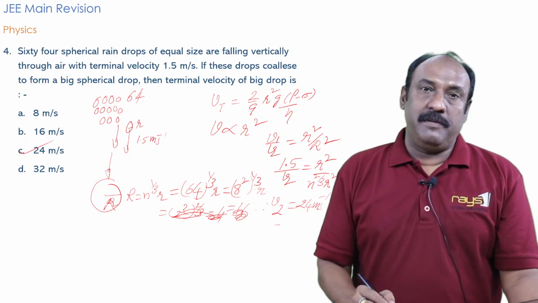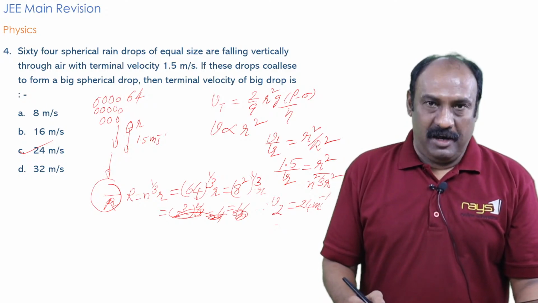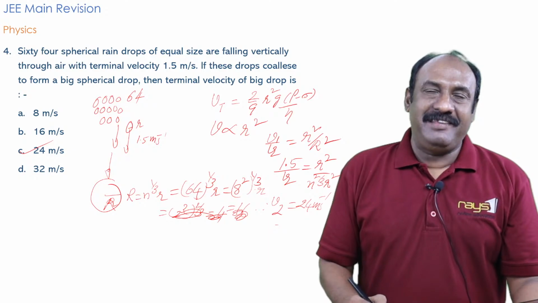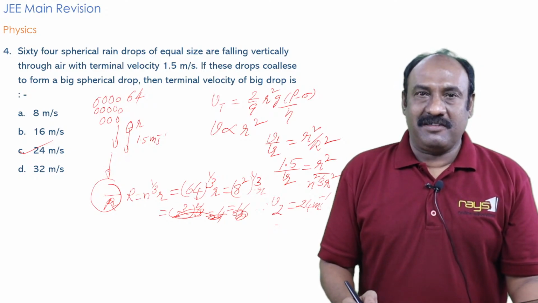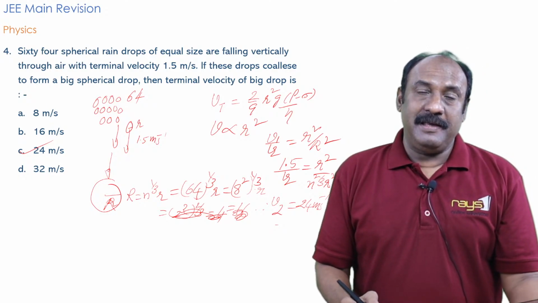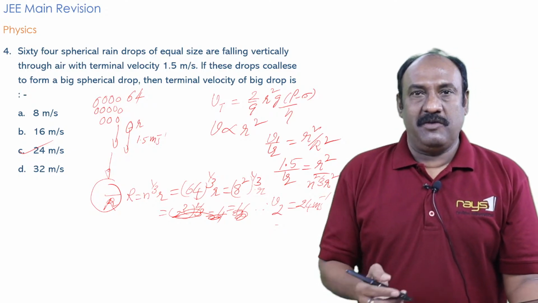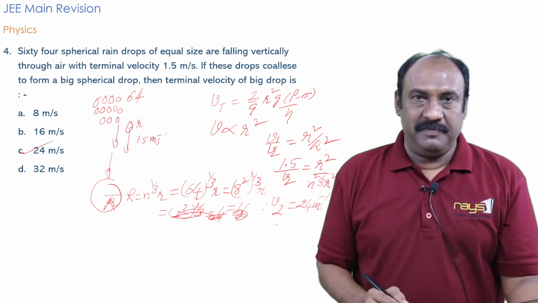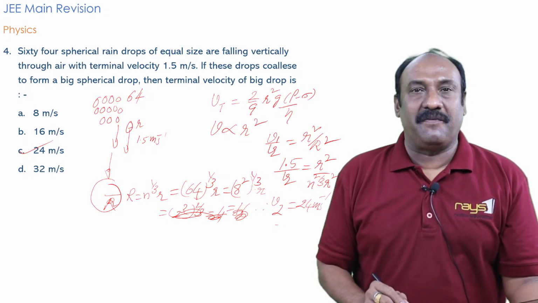Here we have to remember, when a number of droplets coalesce to form a single drop, the volume on merging of all these droplets into a single drop is the same. So the mass of all the droplets is the same. That is, the mass of the drop is equal to the total mass of all the droplets. Here we consider the law of conservation of mass. On the basis of this law, volume is constant before and after merging.